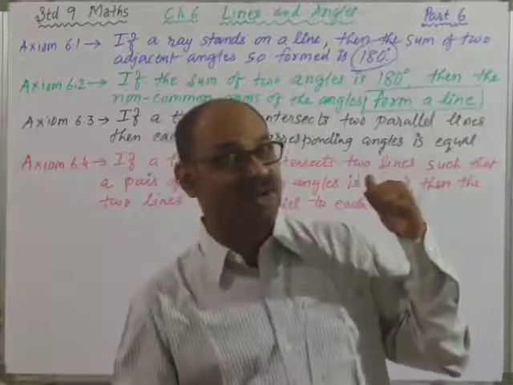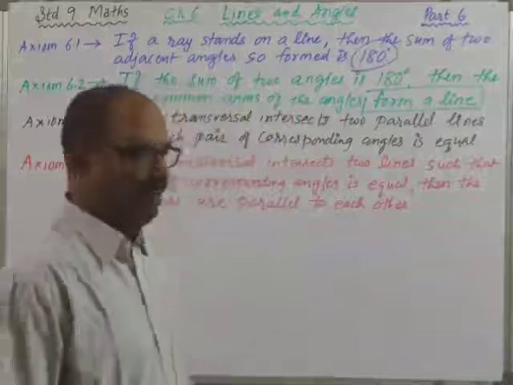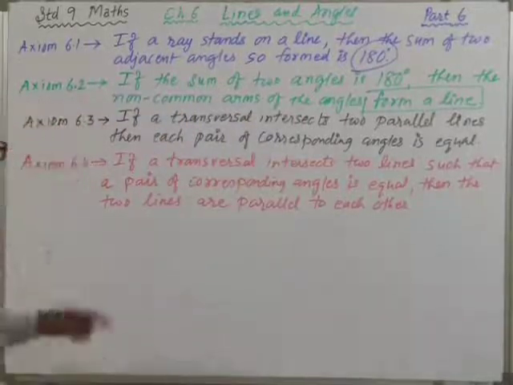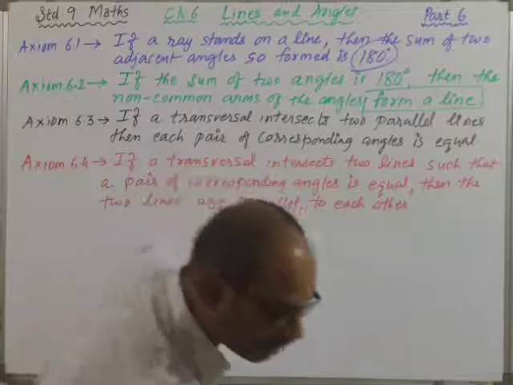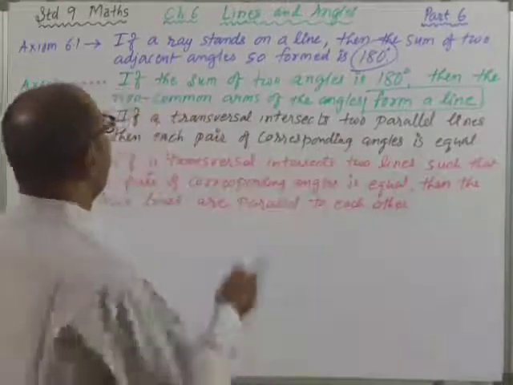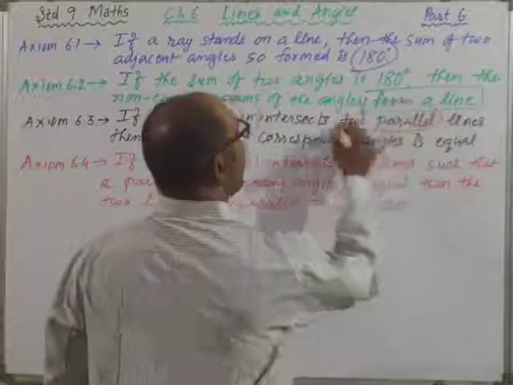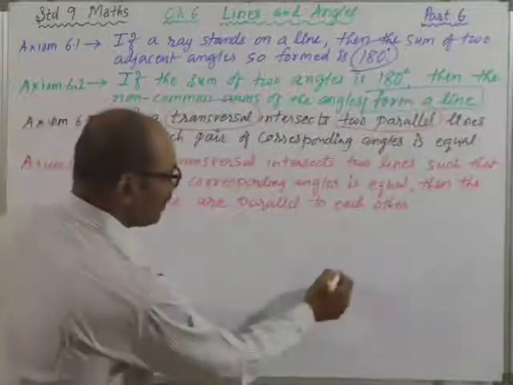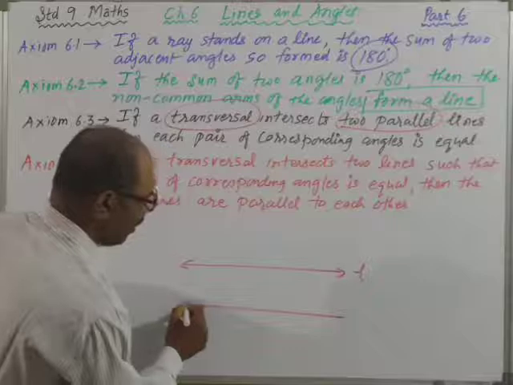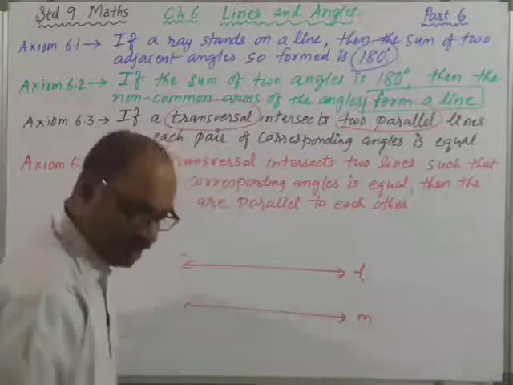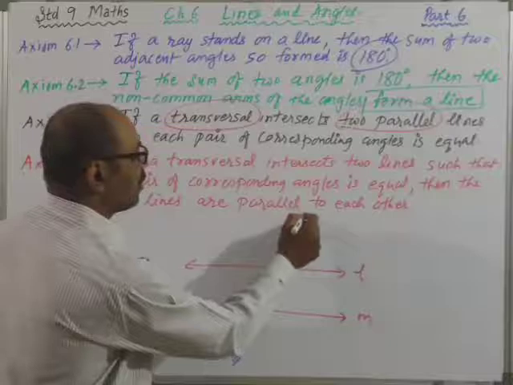Alright, the very first one, Axiom 6.3, is related to corresponding pairs of angles. Let's see the statement. If a transversal intersects two parallel lines, children, transversal of parallel lines. So let's take two parallel lines. This is L, this is M. They are parallel and T is their transversal.